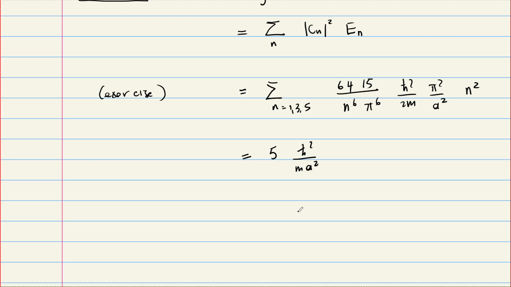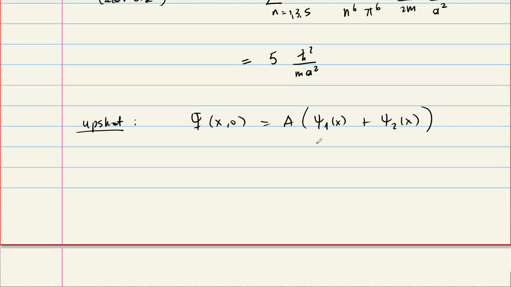Here is the upshot. Let's simplify all of these series. If you are given a state psi of x comma 0 equal to some a times psi 1 of x plus psi 2 of x, the components are already given to us.